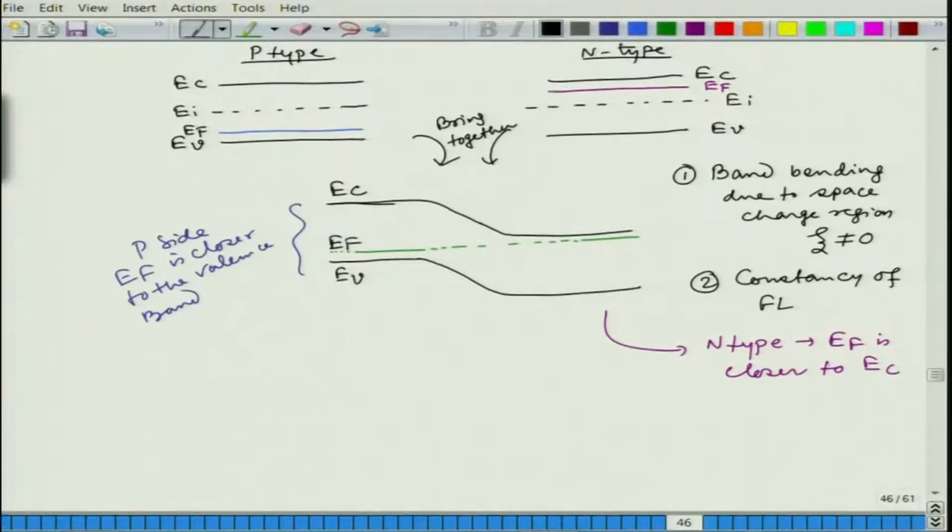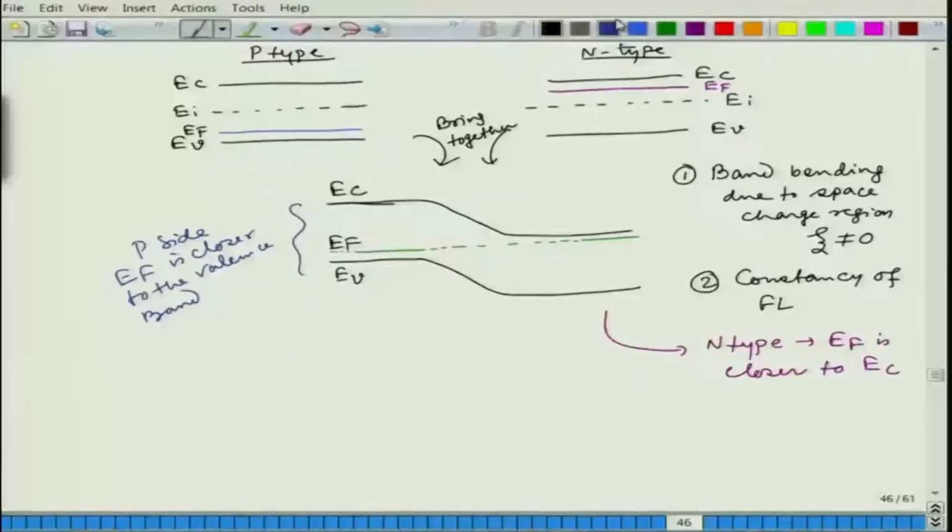The Fermi level is not getting bent; it is the conduction band edge and the valence band edge that are getting bent, because those are real energy levels. The Fermi level is what? It gives you the probability distribution, where the value is half.